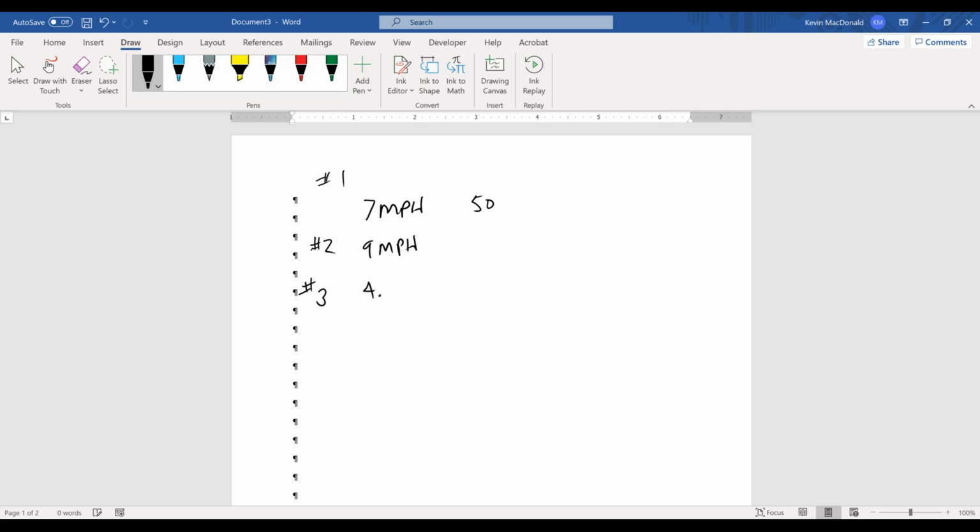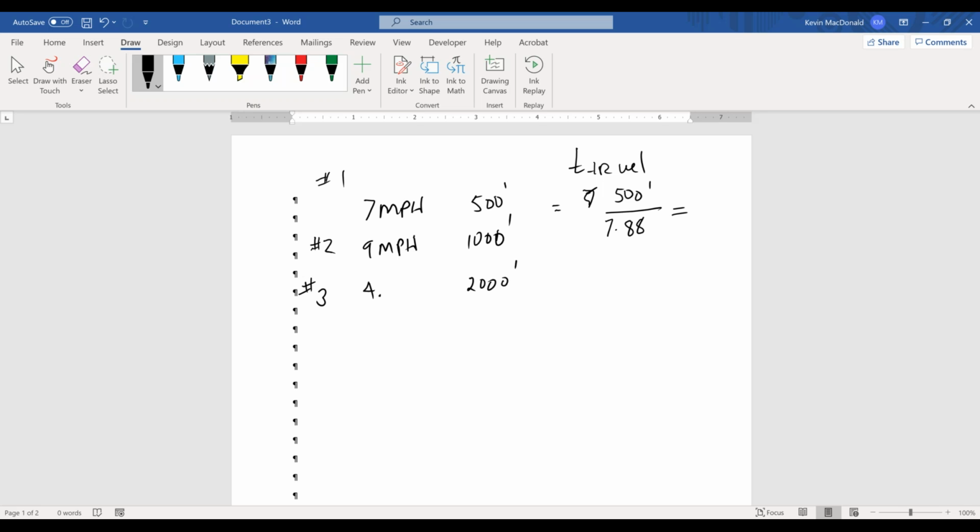This is 500 feet, 1,000 feet, 2,000 feet. And so the time of travel is equal to 500 feet divided by 7 miles per hour times 88 feet per minute.